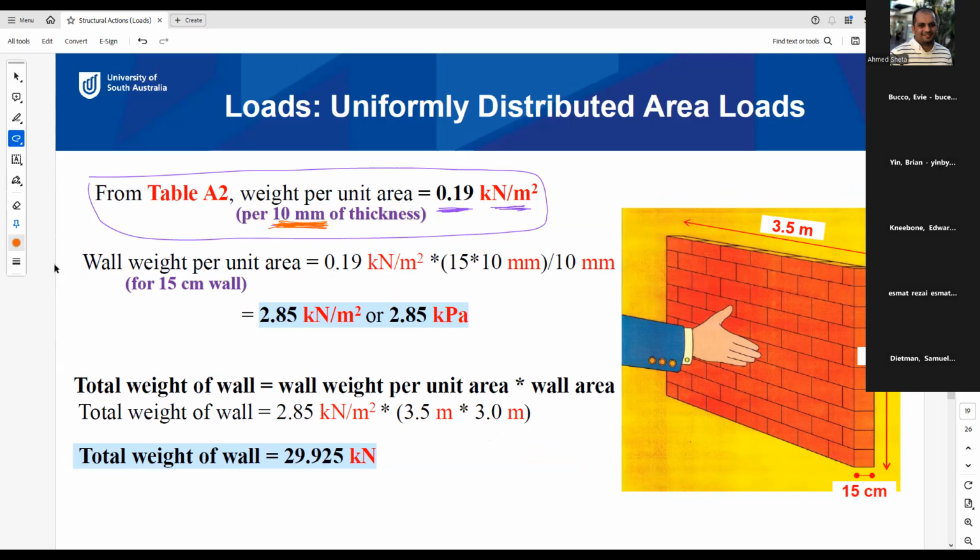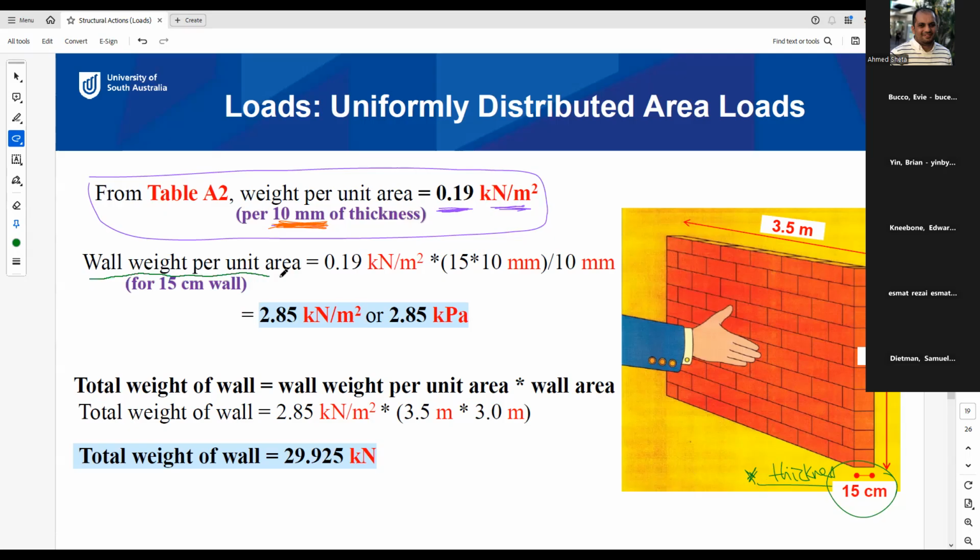If I ask you what is the thickness of our wall here today, 15 centimeter. So the wall thickness is not 10 millimeter, because 10 millimeter is very small. The standard gives us a unit of the wall, like an example of the wall, which is 10 millimeters. So you need to find how much it is for 15 centimeters. So how will we use that?